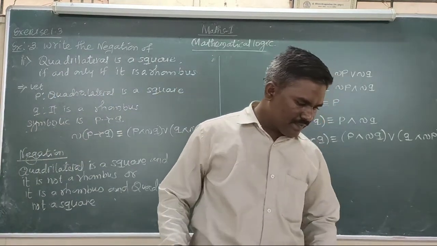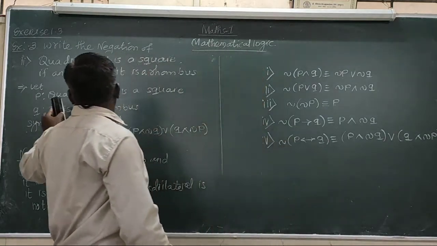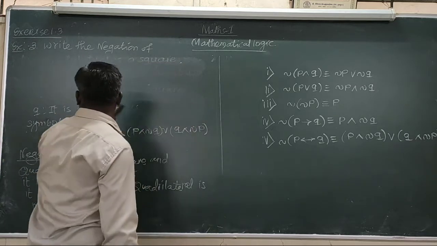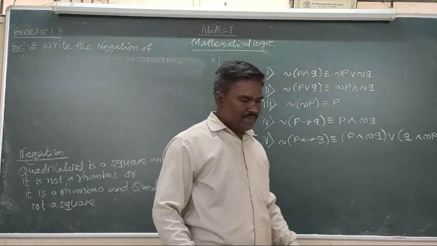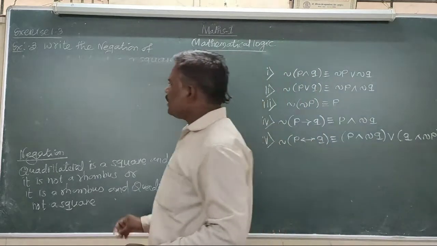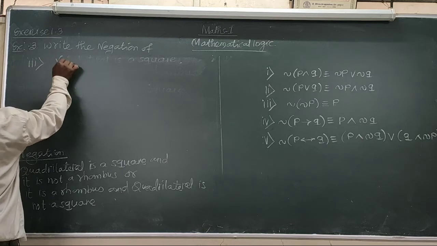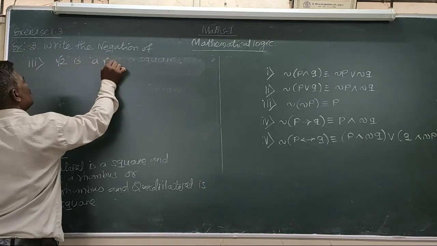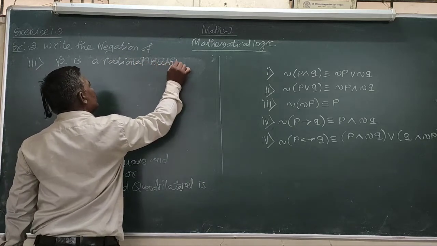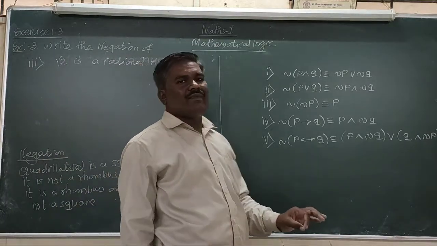Next, third example: root 2 is a rational number. That is a simple statement, only one statement.